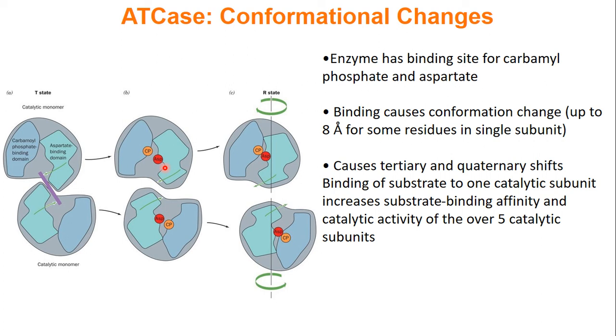Some residues are moved up to 8 angstroms, which is a big move. And binding causes these tertiary and quaternary shifts, and so you are shifting every other binding site into the R state. So this is the same idea we had for hemoglobin, where hemoglobin binds one molecule of oxygen, and the other binding sites go towards the R state. Here we bind carbamyl phosphate and aspartate, and our other binding sites are going to the R state as well.